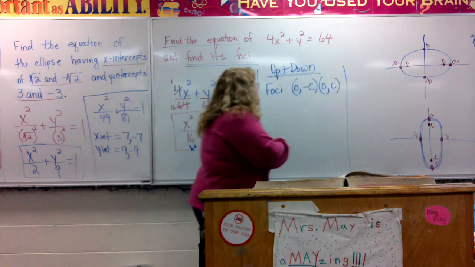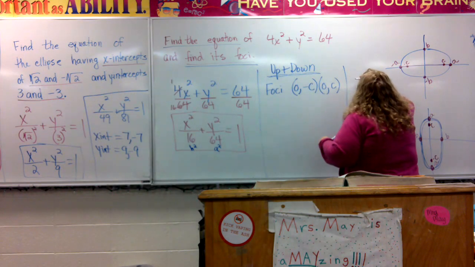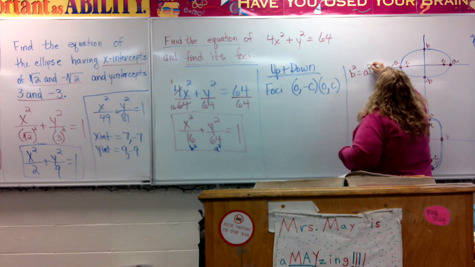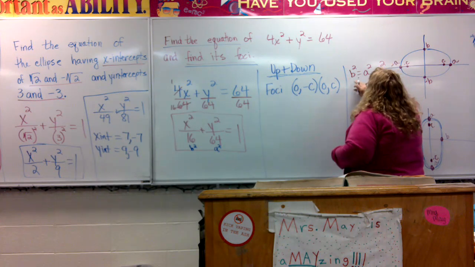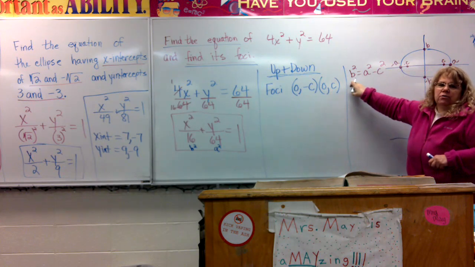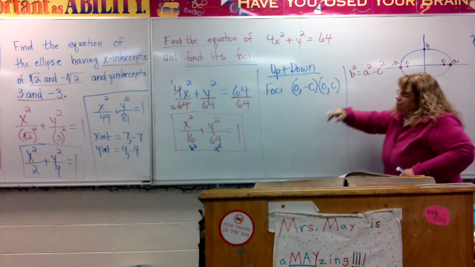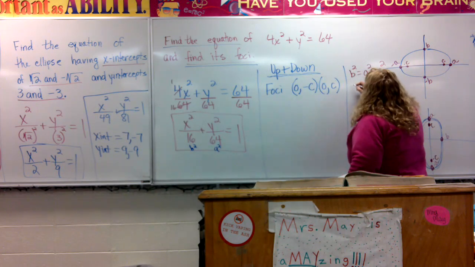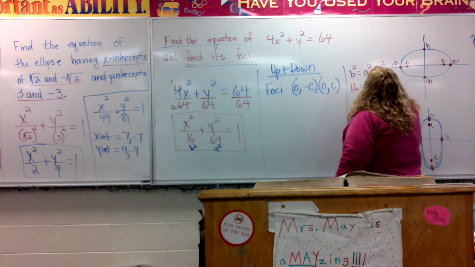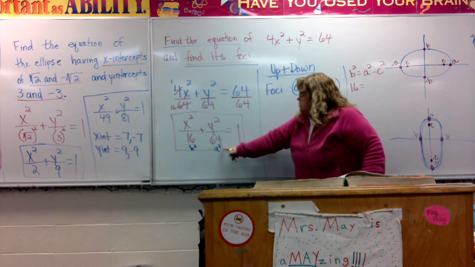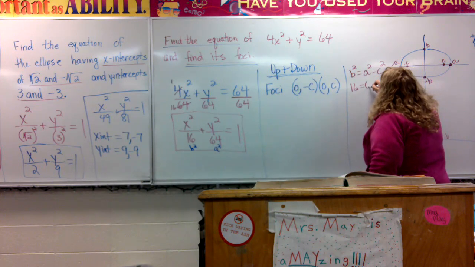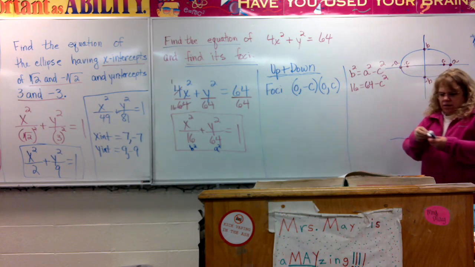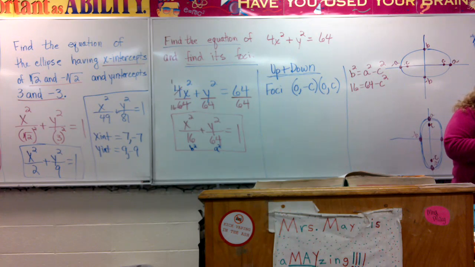So over here, we're going to take b squared equals a squared minus c squared. You know the b squared, don't you? What is it? 16. B squared is 16. You know the a squared, 64. Can you solve it?